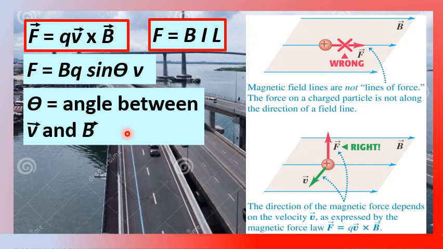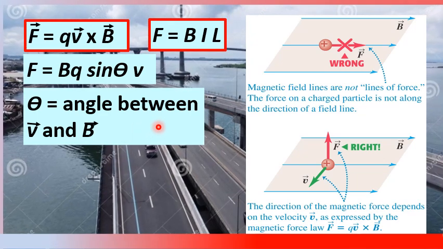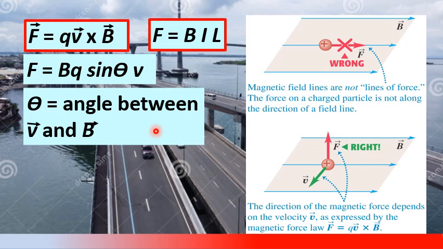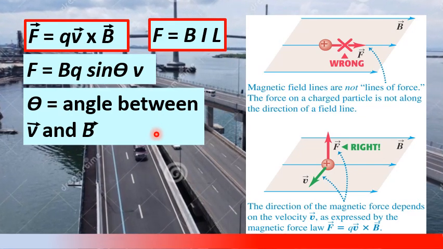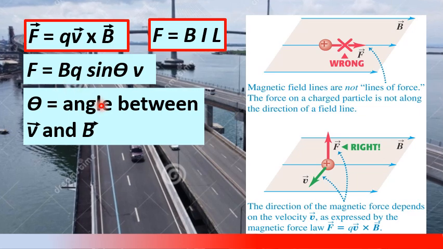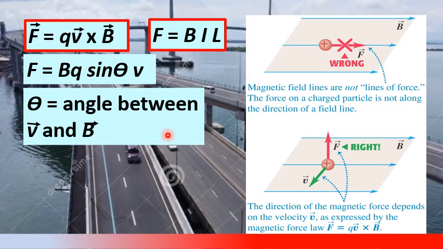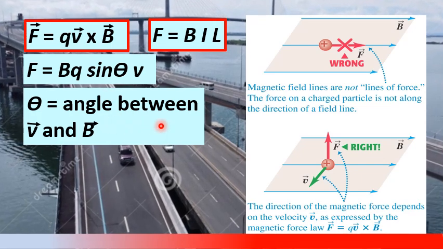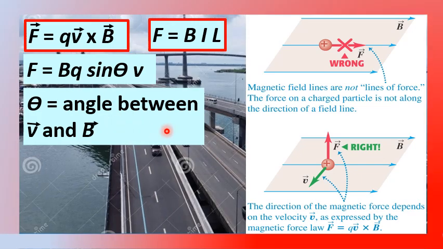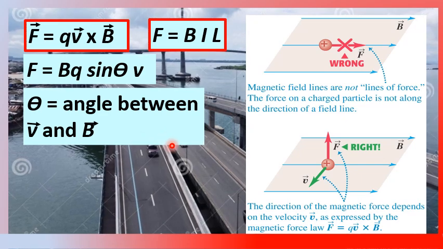So there is no magnetic force exerted on a moving charge q if the velocity of the charge is in the same direction or opposite direction to the magnetic field.